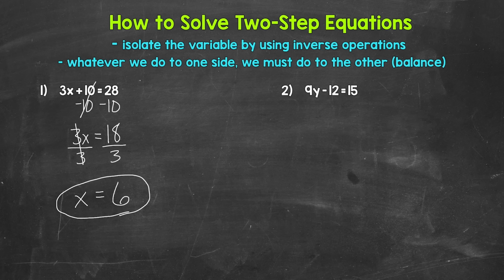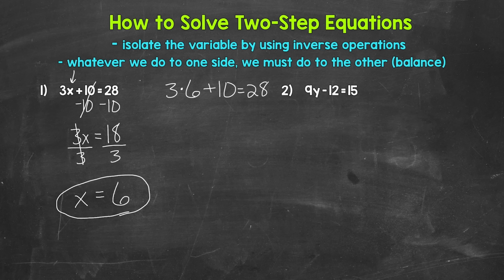Now, one last thing we can do, we can always check to see if we are correct. And we do that by plugging in what we got and seeing if it works. So for example, let's plug in 6 for x and see if it works. So we can come to the side here. 3 times 6 plus 10 equals 28.